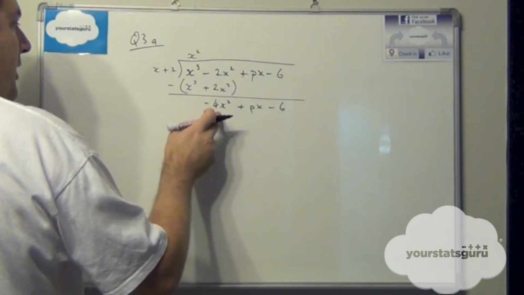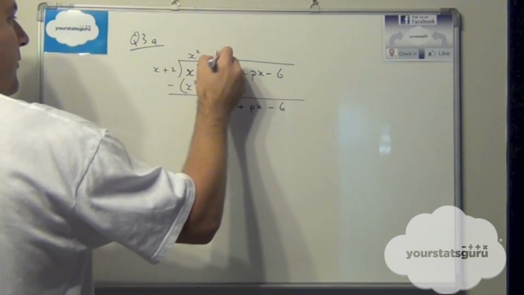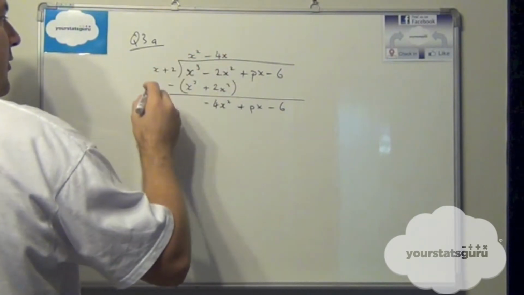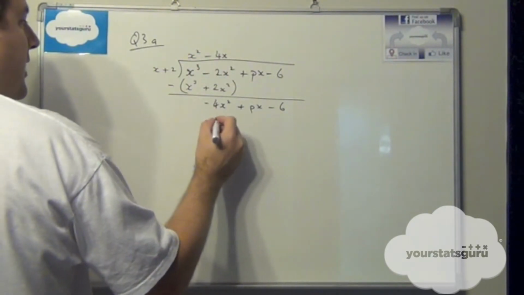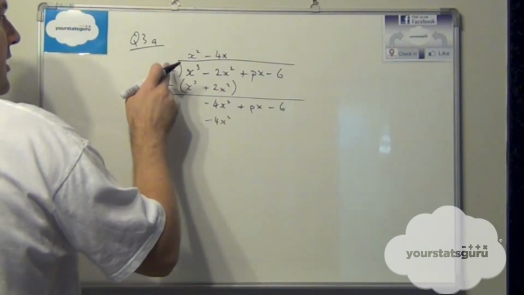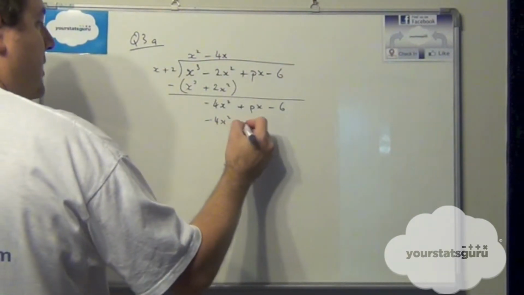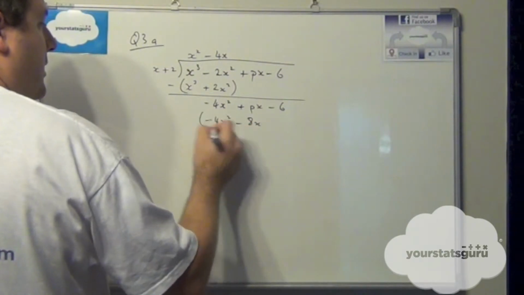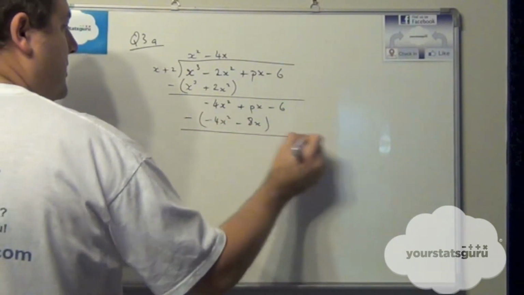x goes into negative 4x squared, negative 4x times. Negative 4x times x is negative 4x squared. Negative 4x times 2 is negative 8x. And we subtract this.